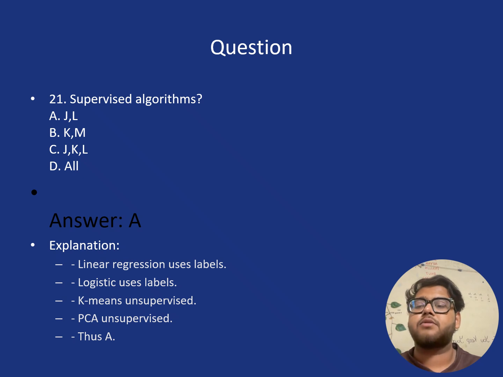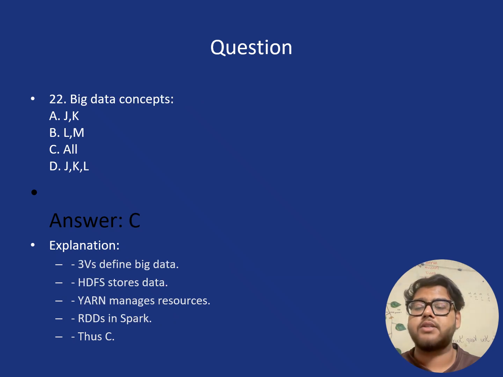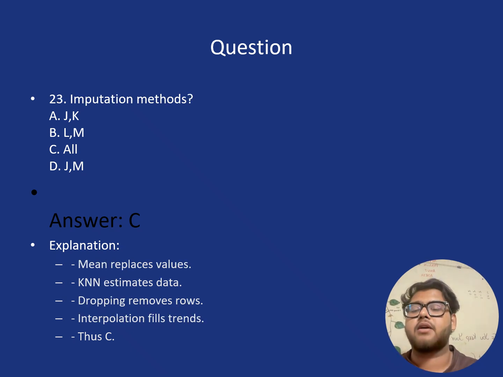Supervised algorithms. Explanation: linear regression uses labels, logistic uses labels, K means unsupervised, PCA unsupervised. Big data concepts. Three V's, all of them are correct because three V's define big data. HDFS stores data, YARN manages resources, RDDs in Spark. Imputation methods. All of them are imputation methods.